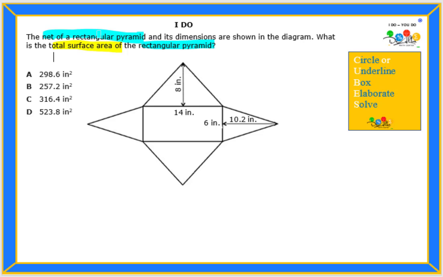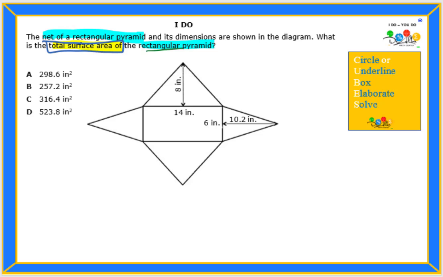So in this question they are asking us for the total surface area, and so we are going to find the area of all of the faces and the base. If we want to know which one is the base, the shape of the base is in the name, rectangular pyramid.